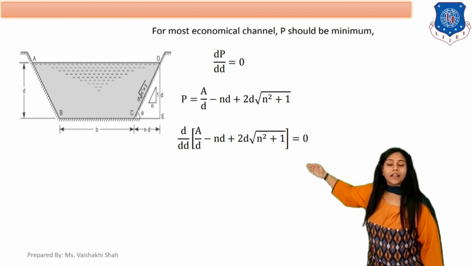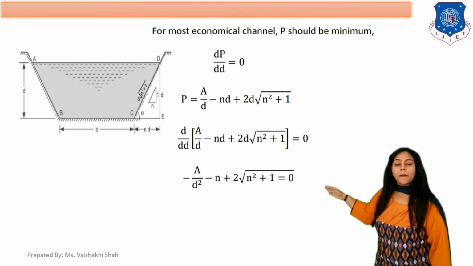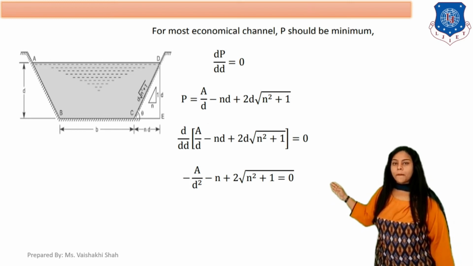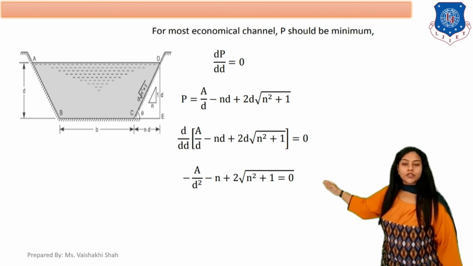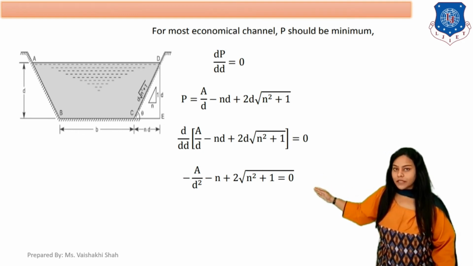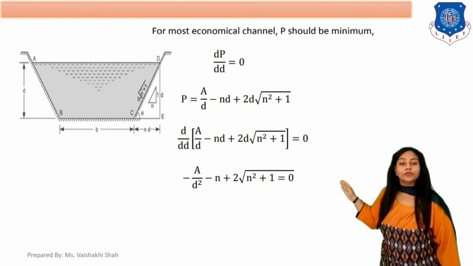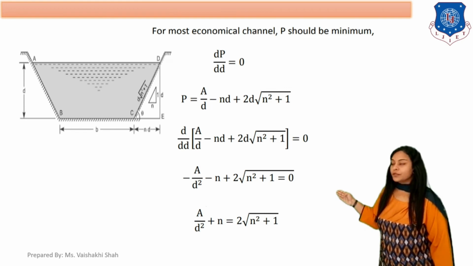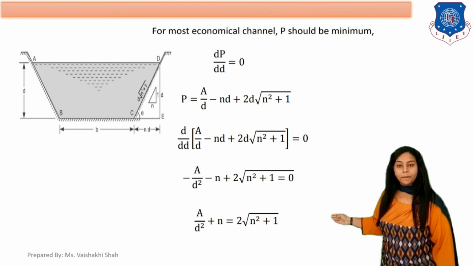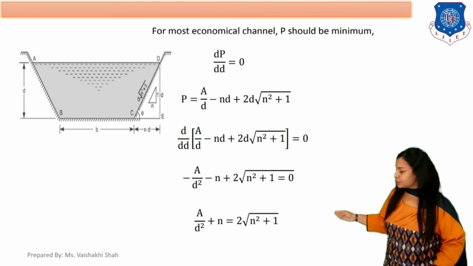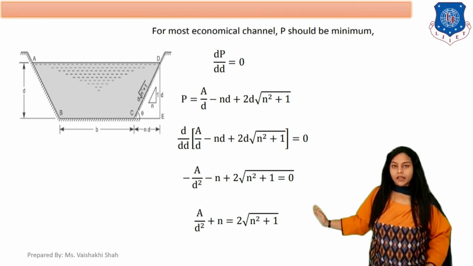By differentiating you get minus A upon D square minus N plus 2 under root N square plus 1 equals to 0. Rearranging, you get A upon D square plus N equals to 2 under root N square plus 1. Clear?